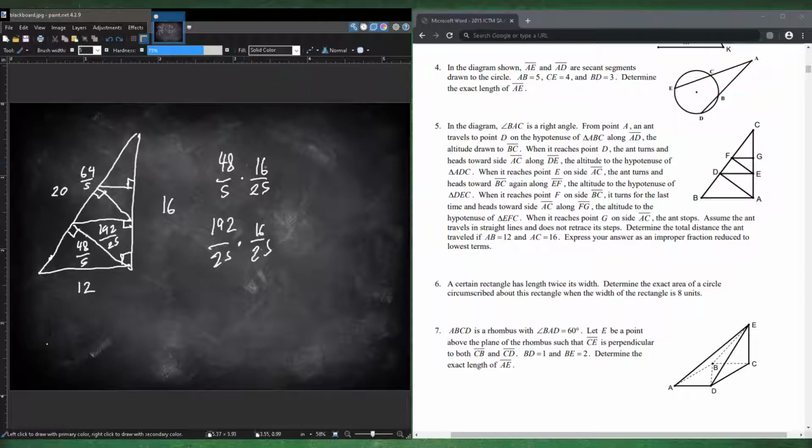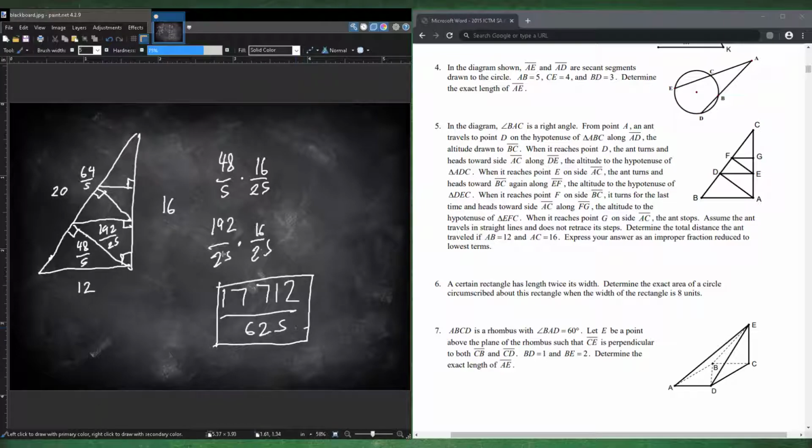Those are our final two lengths, and then we just add them: 48 over 5 plus 192 over 25 plus 48 over 5 times 16 over 25 plus 192 over 25 times 16 over 25. And you should get an answer of 177,12625. That is your answer for number 5.